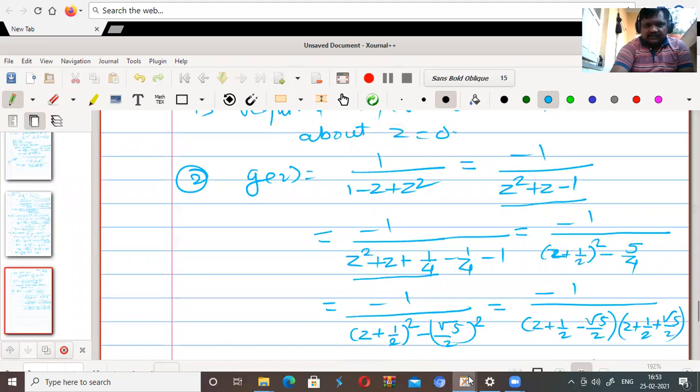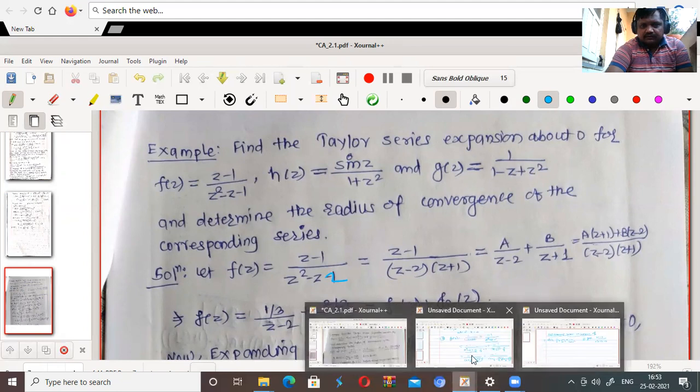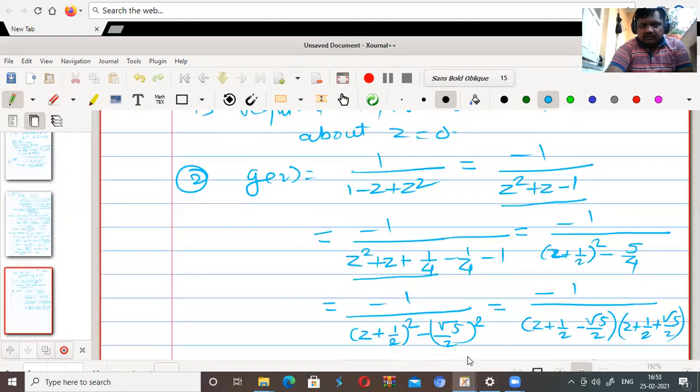Let's take exactly what the example is. 1 minus z plus z square. Correct.